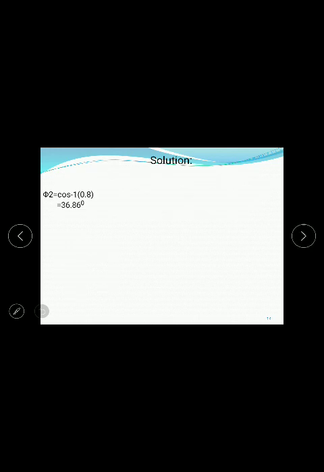So phi 2 is cos inverse of 0.8, 36.86. Phi 0 is cos inverse of 0.2, that is 78.46 degrees. I2 dash is equal to k into I2, that is 1 by 3 into 300, which gives 100.